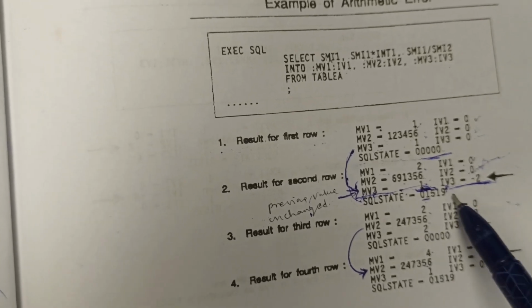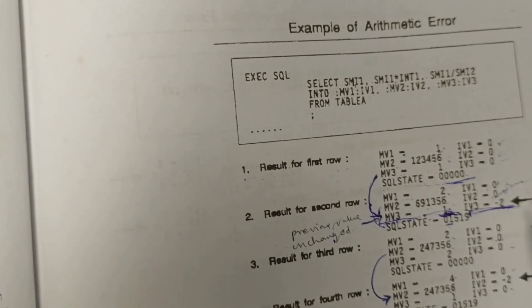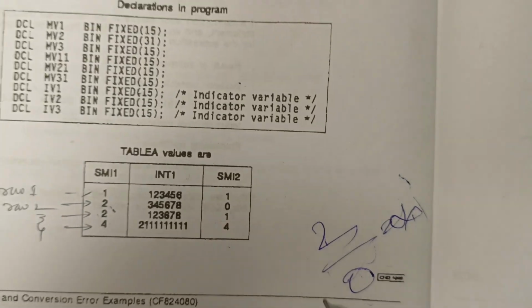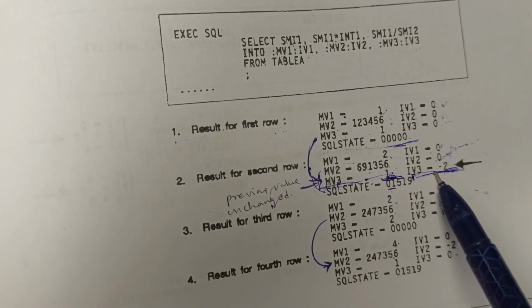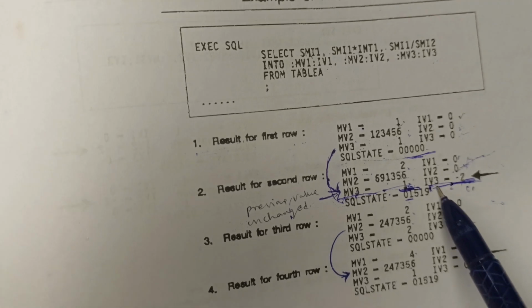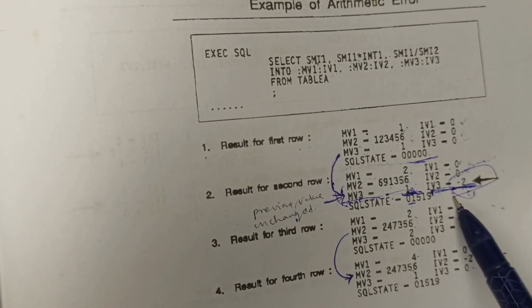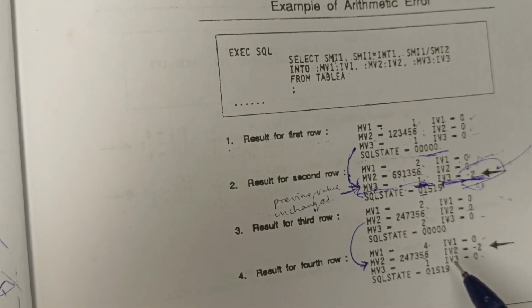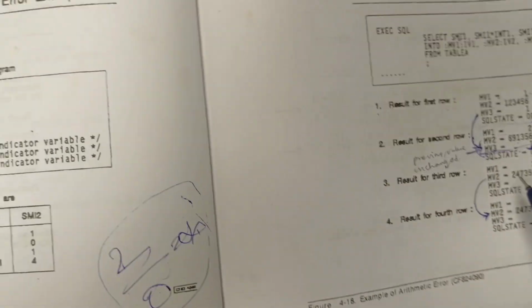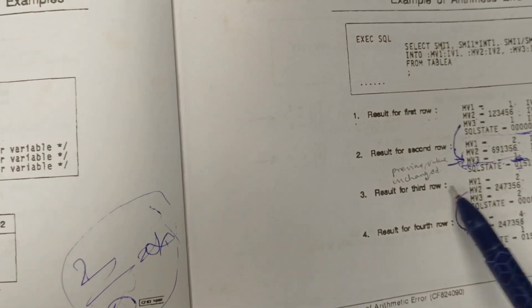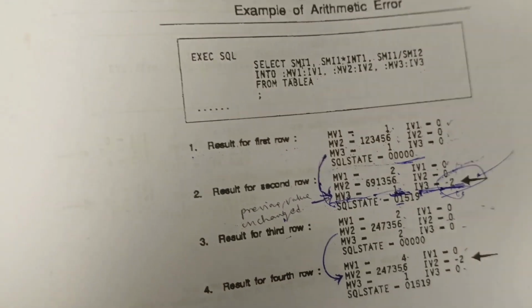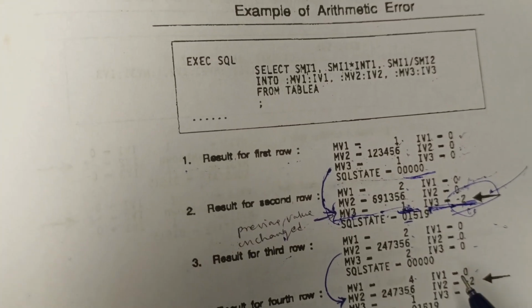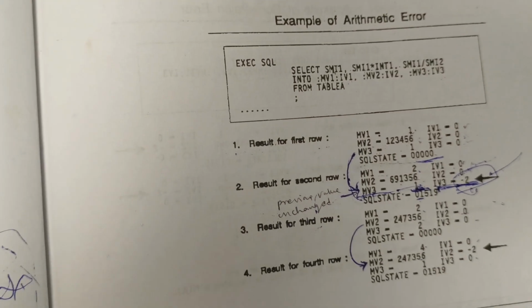The indicator field IV3 has -2 because you got the result 2 by 0, an infinite value. That's why you are getting an arithmetic error, and at the indicator field it is a -2 value. This is a sample example of how to handle an arithmetic conversion error, when you get a -2 condition in the indicator field.